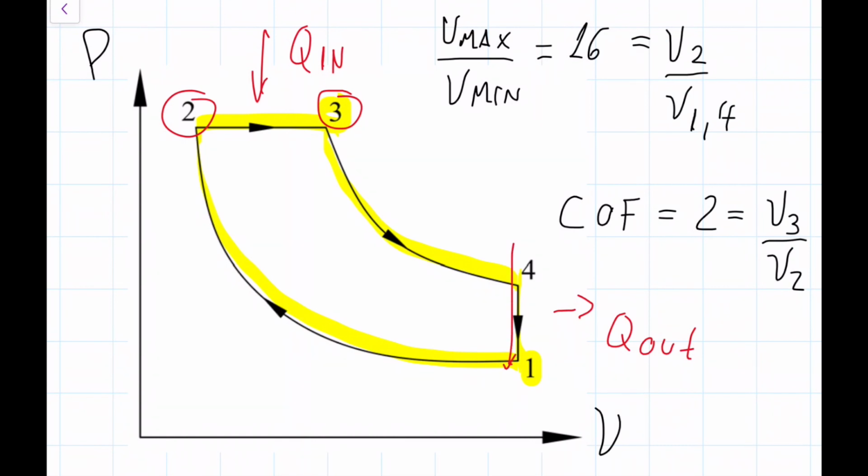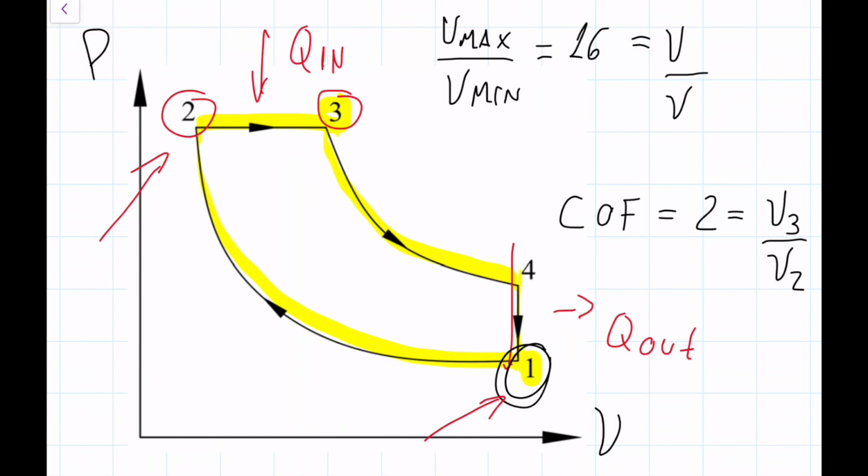Now we have all the information that we need from this state here. We have the ratio between the volumes of the maximum and the minimum states. The maximum volume, if you notice, is over here, 4 and 1, and our minimum volume is over here, 2. So let me rewrite this because I put it wrong.